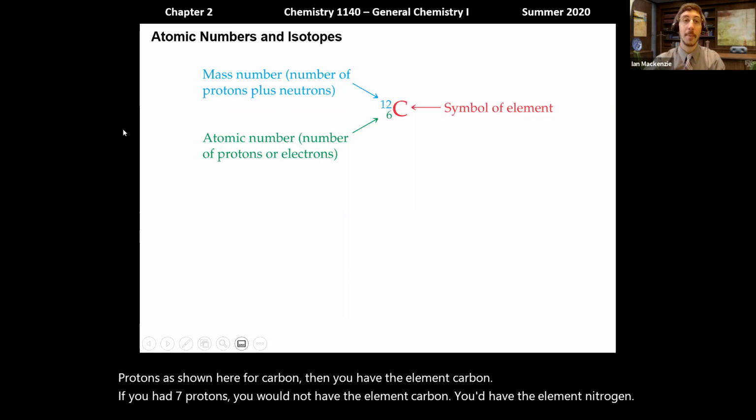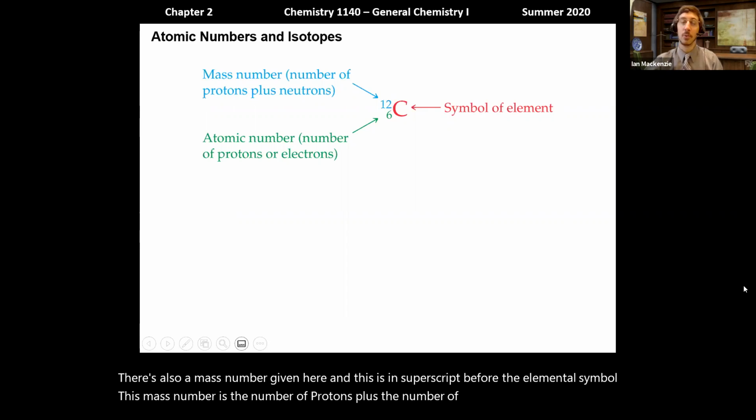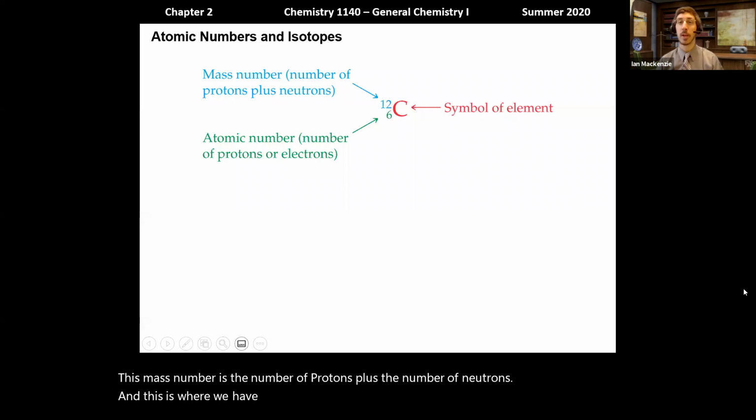Now, there's also a mass number given here. And this is in superscript before the elemental symbol. This mass number is the number of protons plus the number of neutrons. And this is where we have a difference between Dalton's original postulates and what science has later discovered.